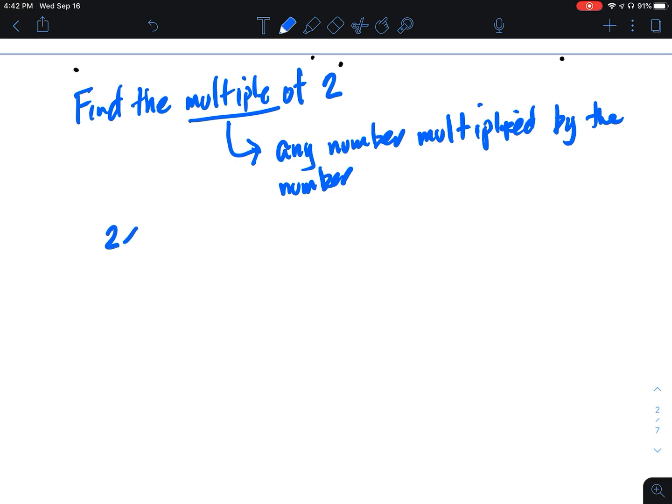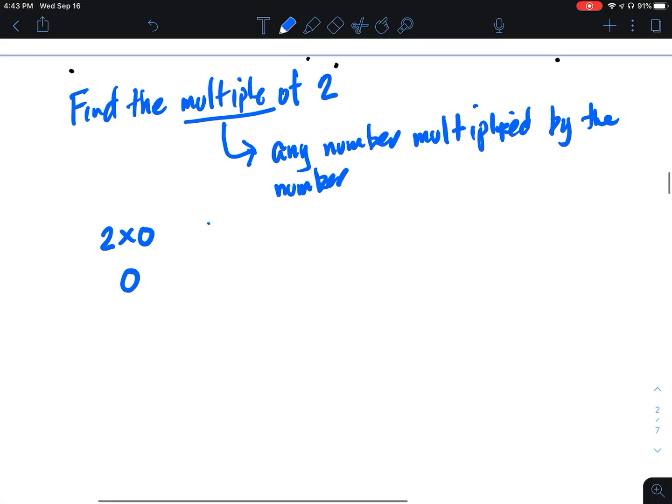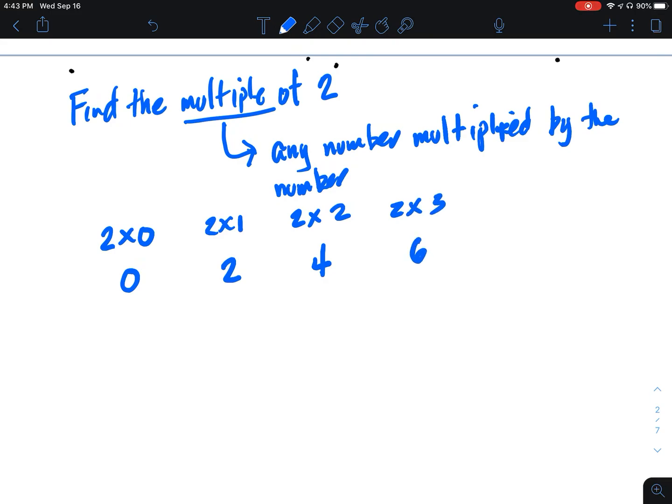If I say 2 times 0, 0 is a multiple of 2. 2 times 1, 2 is a multiple of 2. So the first multiple of any number will be 0. 2 times 2, 4 is a multiple of 2. 2 times 3, 6 is a multiple of 2. And if I go further, 2 times 50, 100 is a multiple of 2. So those are all multiples of 2.